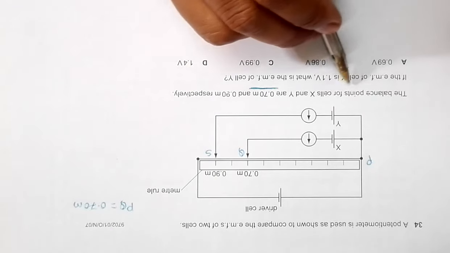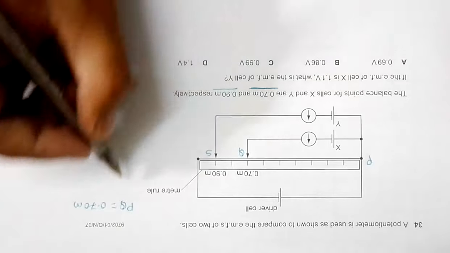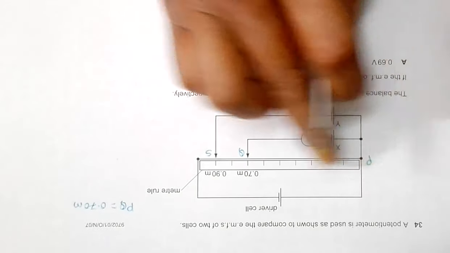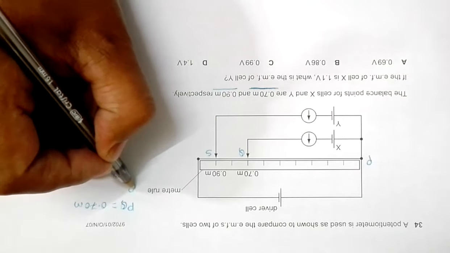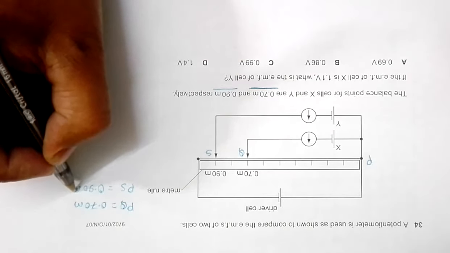Then the balance point for cell Y is 0.90 meters, so I must have PS is equal to 0.90 meters.